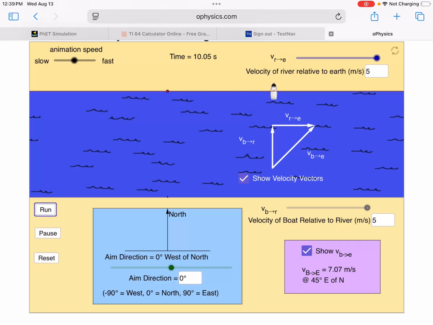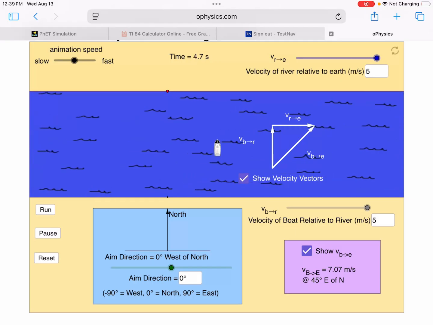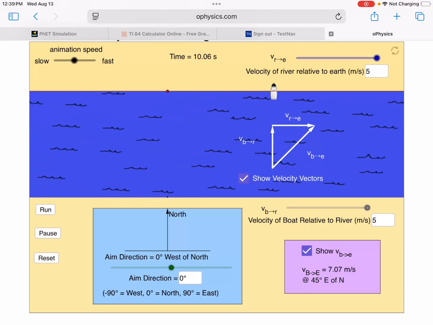But that makes a ton of sense because yes, it is moving horizontally, right? But it's moving vertically with the same velocity, and it still has to go the same vertical distance. In the y-axis, nothing has changed. It's just that while it's doing that in the y-axis, it's also moving in the x-axis.